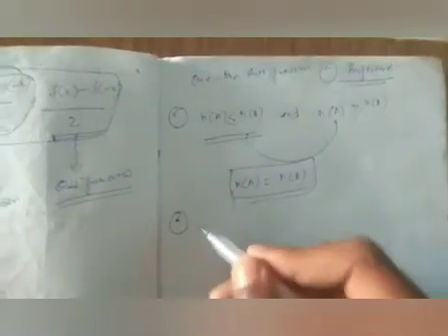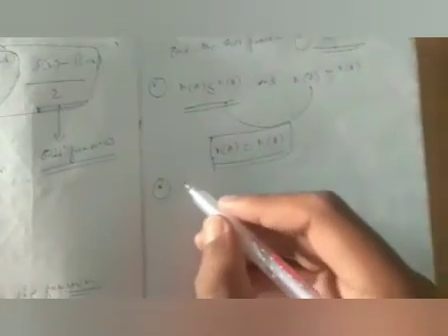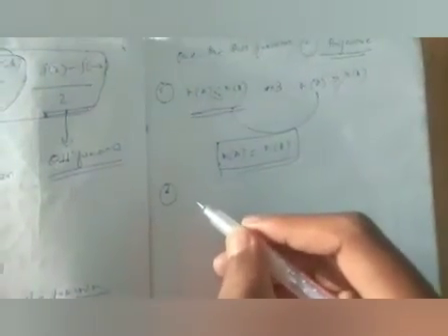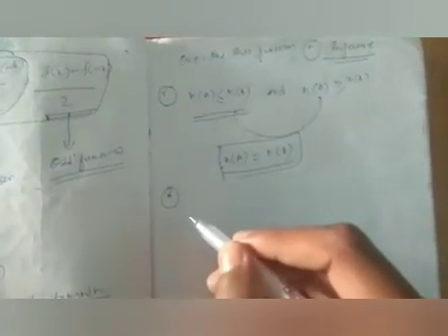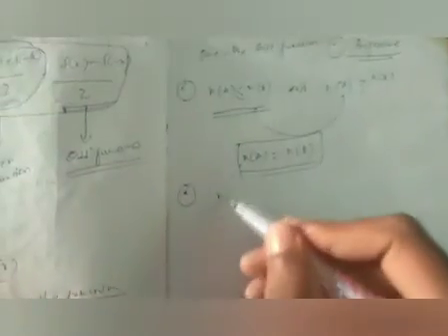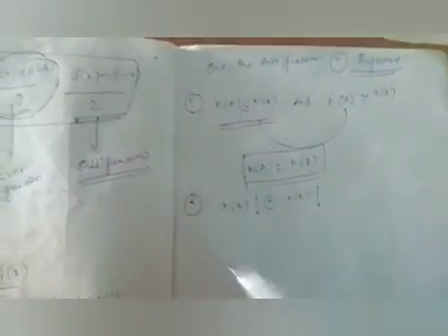So combining these two to become a bijection, n of A should be equal to n of B. If n of A equals n of B, the number of onto functions is n of B P n of A. When n of B equals n of A, it will be n of A factorial or n of B factorial.